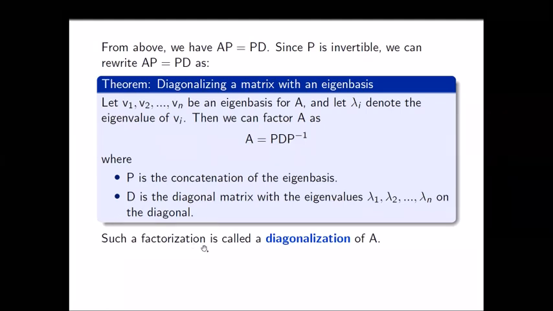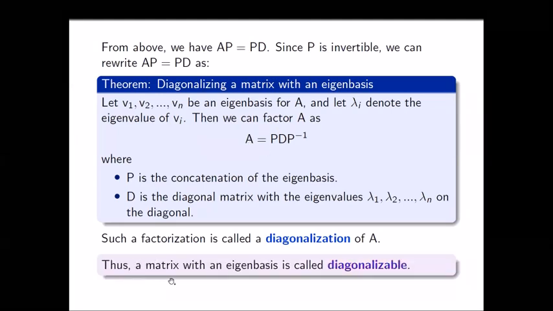Such a factorization is called a diagonalization of the matrix A, and therefore a matrix with an eigenbasis is called diagonalizable, because every time you have an eigenbasis, you can form the matrix P and the matrix D.